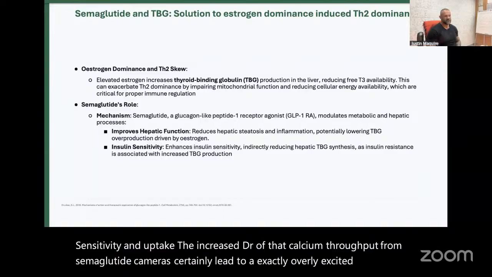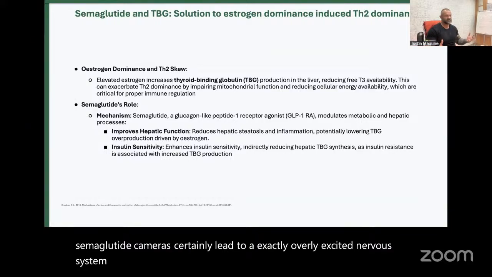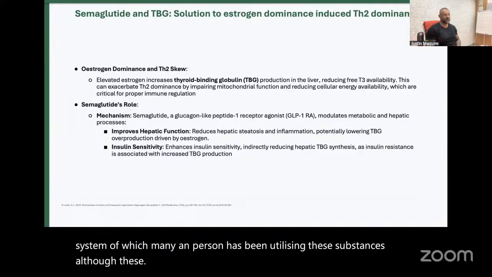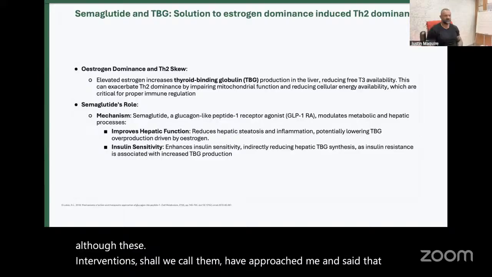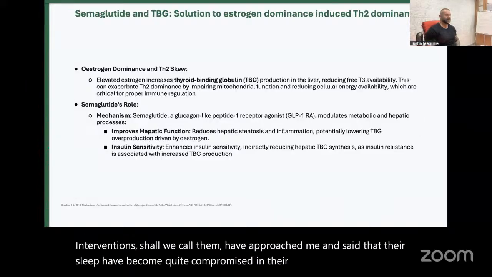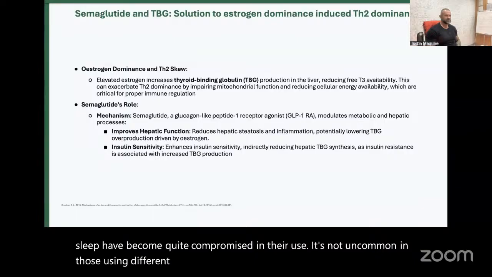Many a person who has been utilizing these substances, or these interventions, shall we call them, have approached me and said that their sleep had become quite compromised in their use. It's not uncommon in those using different GLPs, especially the higher dosages, to note compromised deep wave sleep patterns.